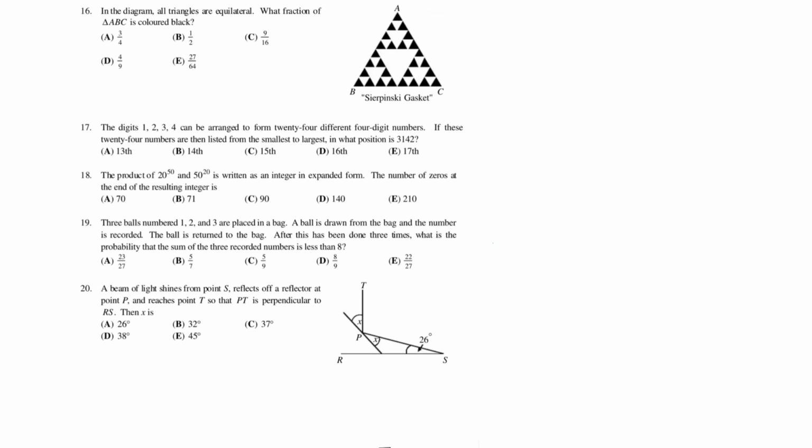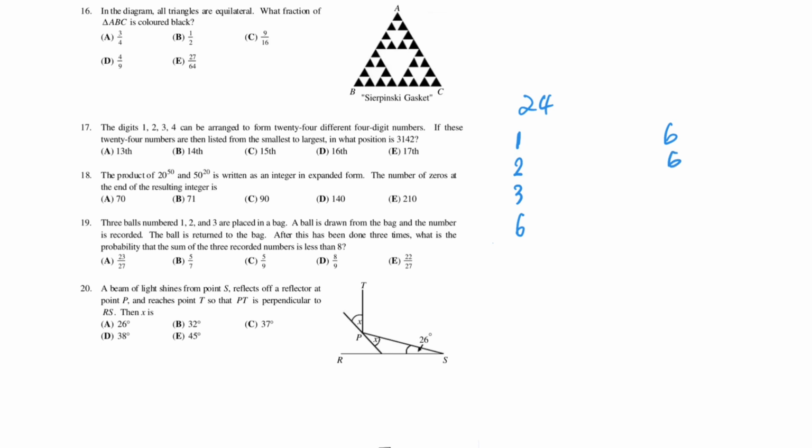So the 4 digits can form 24 numbers. Each one has 6. So starting with 1 is 6 numbers. Starting with 2, 6 numbers.